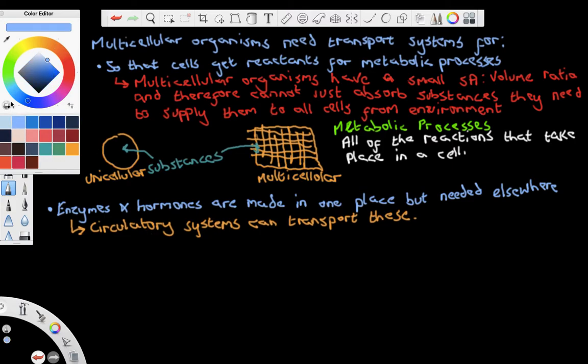Another reason why multicellular organisms need transport systems is so that nutrients from food are transported to cells.